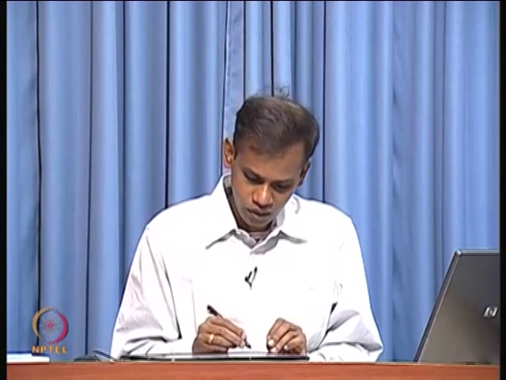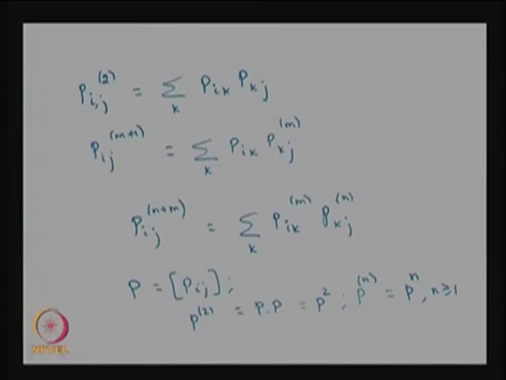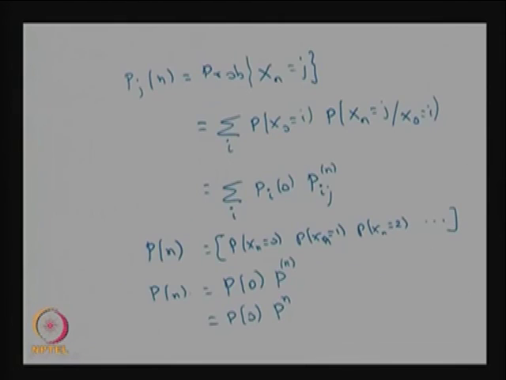In the last slide, we got P superscript within bracket n, that is the n step transition probability matrix, is the same as the one step transition probability matrix with the power n. Therefore, this is going to be the distribution of x n in the vector form, that is the same as p 0 multiplied by P power n, where P is nothing but the one step transition probability matrix.